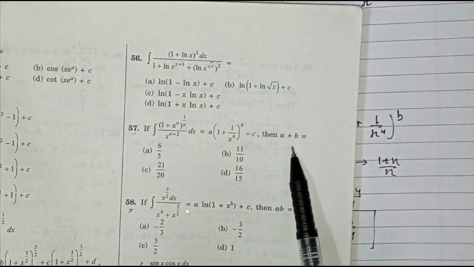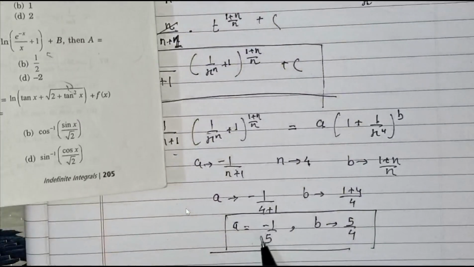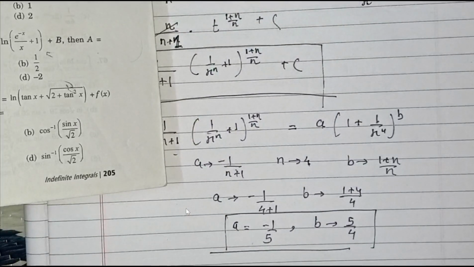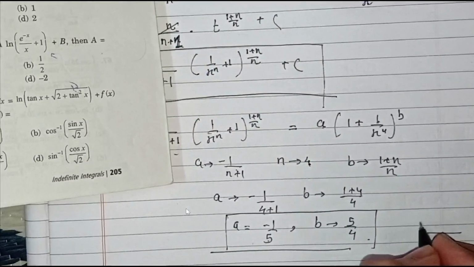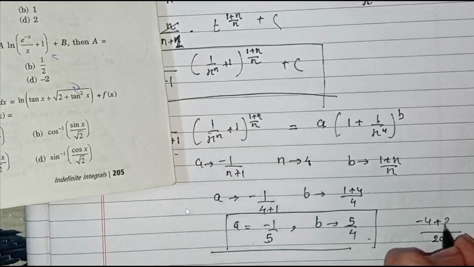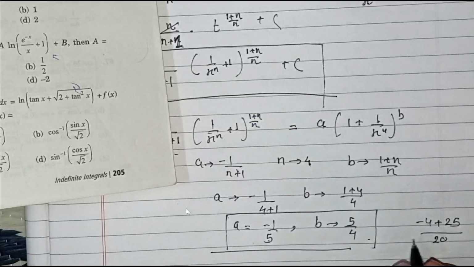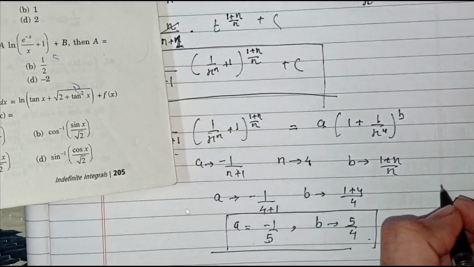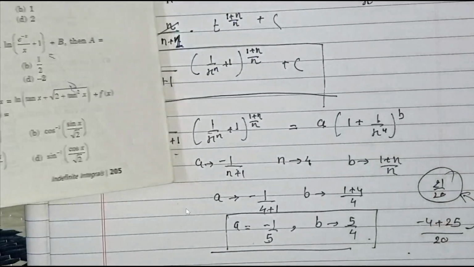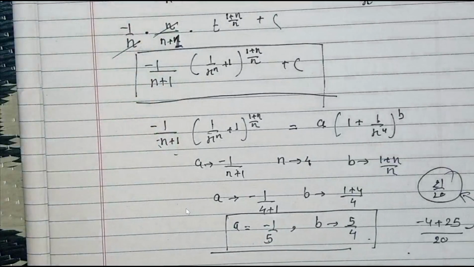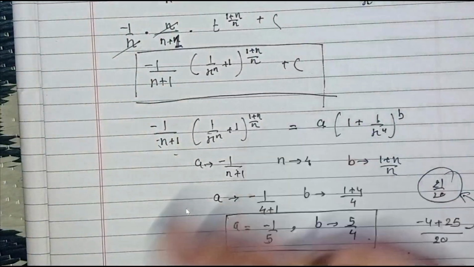And the question was asking the sum a + b. So now you just have to add these two terms. Taking LCM, it will be (-4 + 25)/20. This will be 21/20. So this is the final answer of the question.